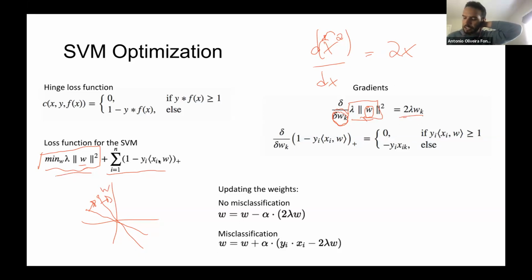Okay. Now I do exactly the same thing for the second term, computing the derivative of this function with respect to the weights W. For the first term, which is just this one, I had no W associated to it.